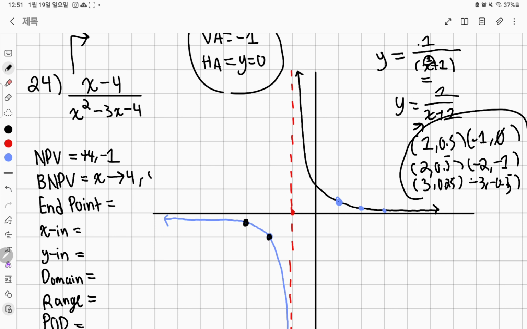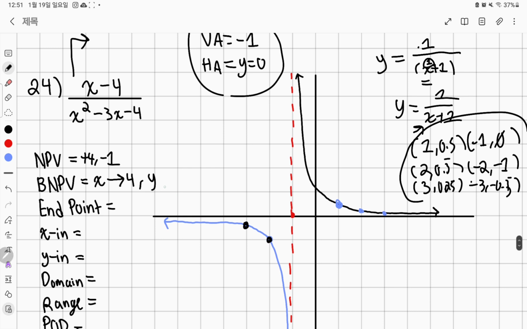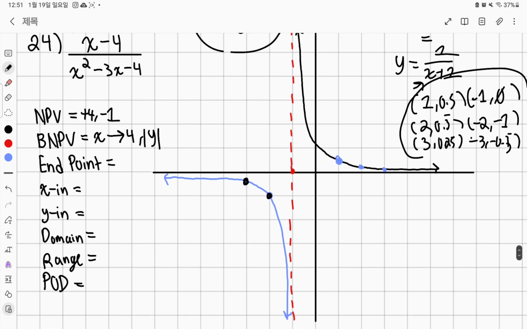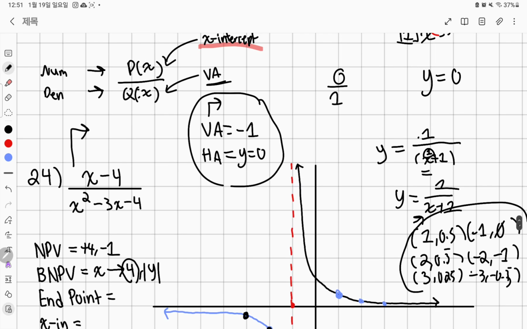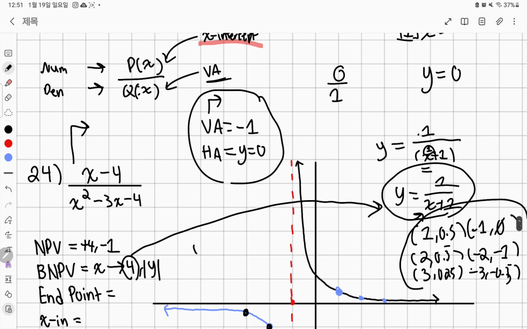What does happen to y? So that's our question. What happens when x approaches 4? Then the absolute value of y will be equal to, it's very simple, just plug this 4 into our simplified value of the equation. y = 1 over x plus 1 was our original.